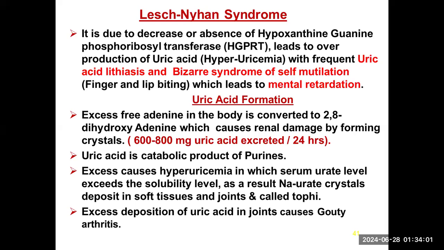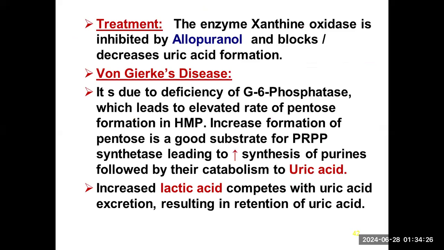Excess causes hyperuricemia, in which serum urate level exceeds the solubility level, and as a result sodium urate crystals deposit in soft tissues and joints, called tophi. Excess deposition of uric acid in joints causes gouty arthritis. Treatment: the enzyme xanthine oxidase is inhibited by allopurinol, as you have seen in the previous slides, which decreases uric acid formation.